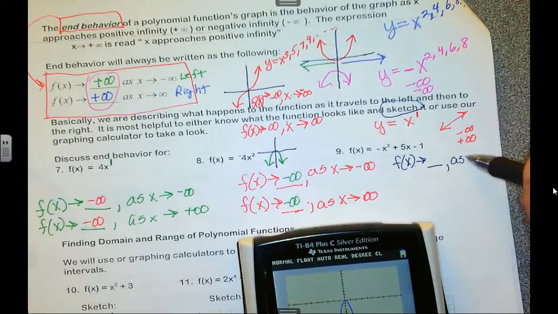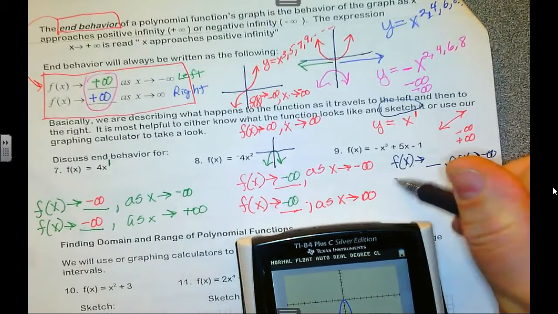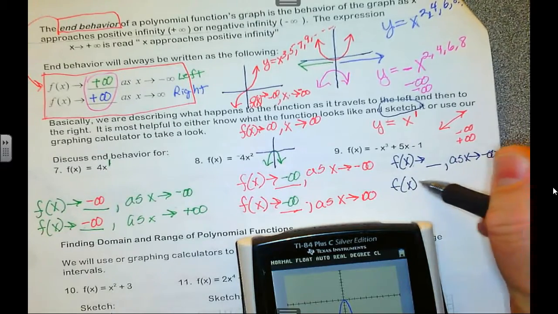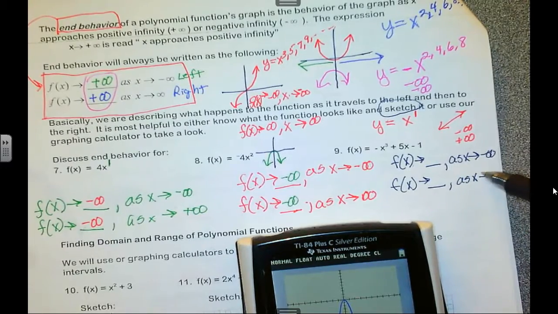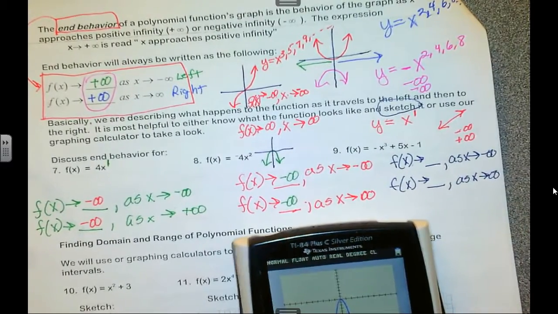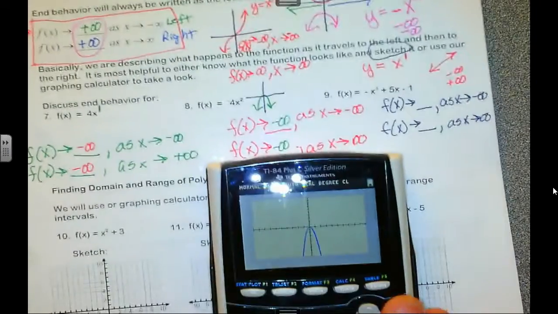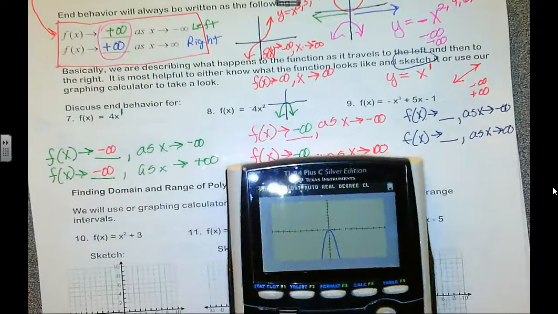As x goes to the left. And then we have to do as x goes to the right. If you want to, go ahead and put it in your calculators.